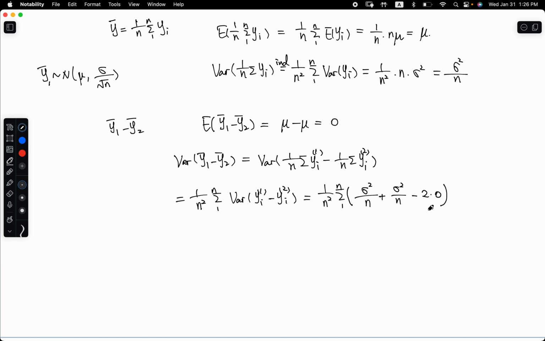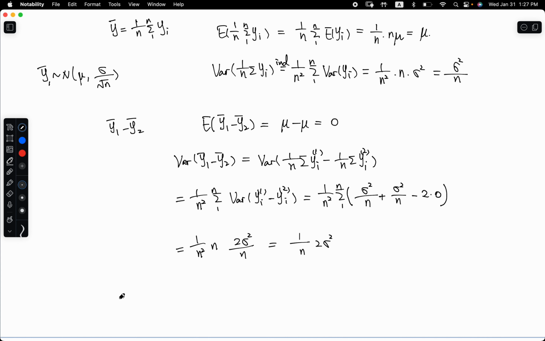But in this case, they are all zeros. And then that should simplify to 1 over n squared, n copies of 2 sigma squared over n, which ends up to 1 over n times 2 sigma squared.